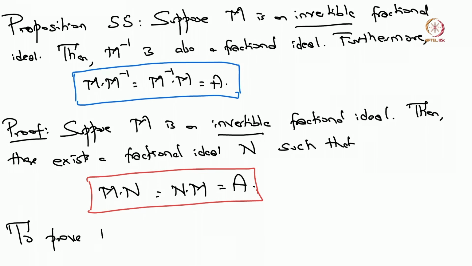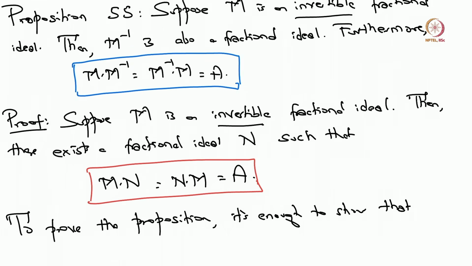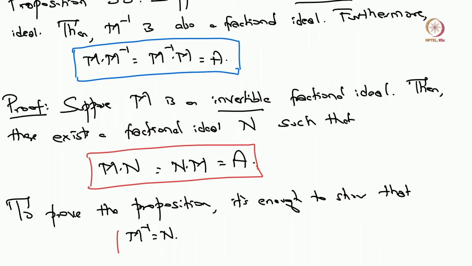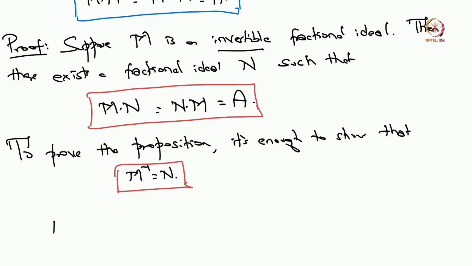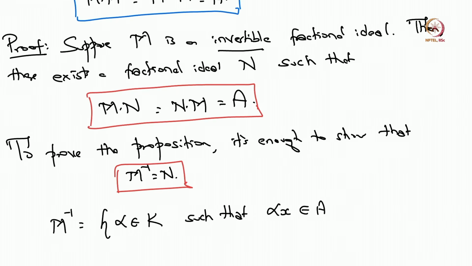So to prove the proposition, it's enough to show that M inverse equals N. Okay, and so that's what we'll try to prove, that our sets inside K, M inverse and N, are the same. Now again, recall that M inverse is all the elements in K such that alpha times x is in A for all x in M.